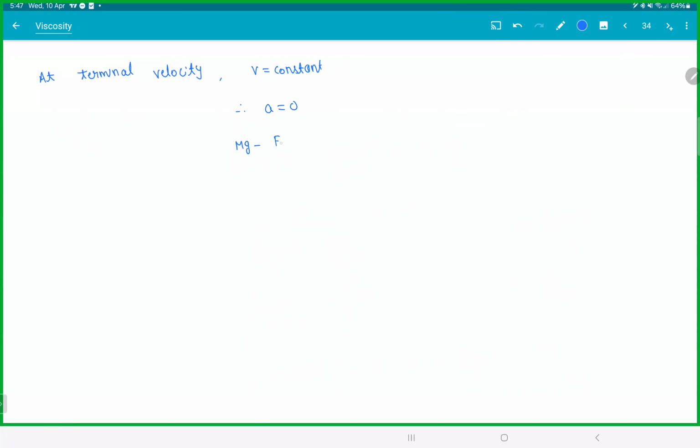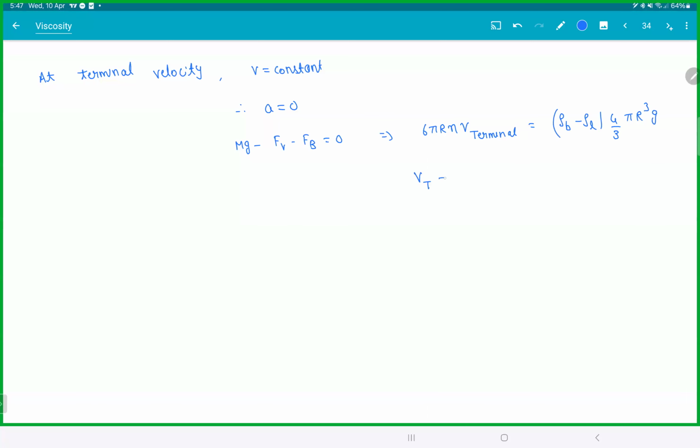So mg minus fv minus fb is equal to 0. So this guy would be 6 pi r eta v terminal should be equal to mg minus fb, that is rho body minus rho liquid, 4 by 3 pi r cube g.